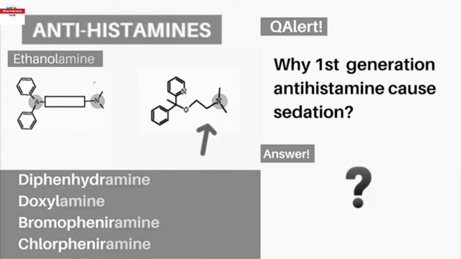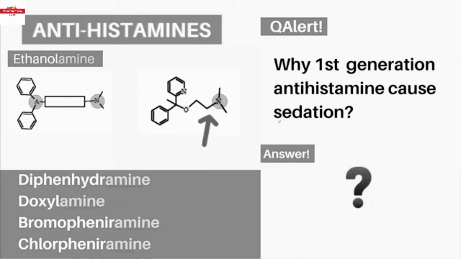So basically those chemical analogs have amines in their structures. And there's a huge exam tip here about the first generation antihistamines: they are known to cause a sedation effect.